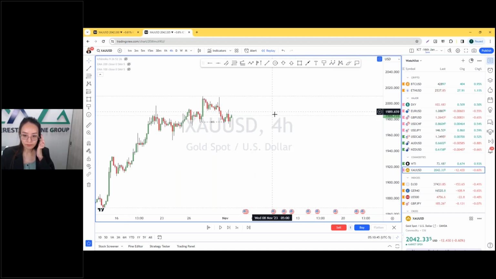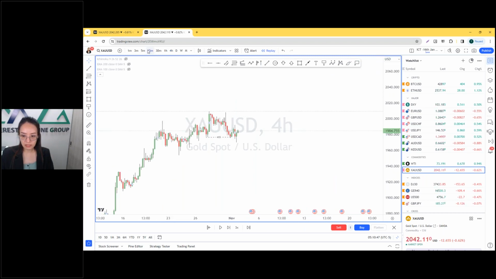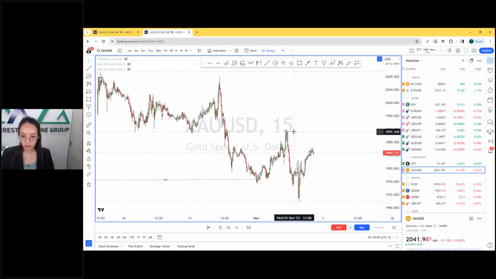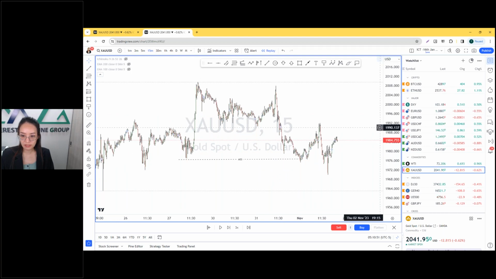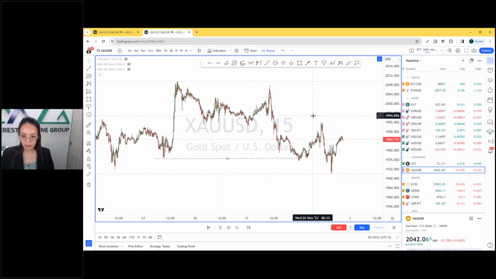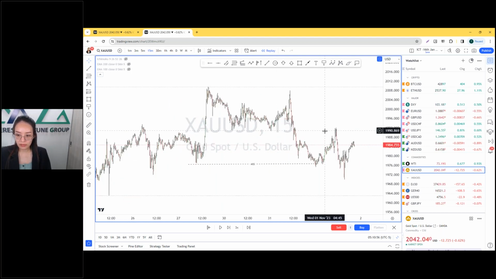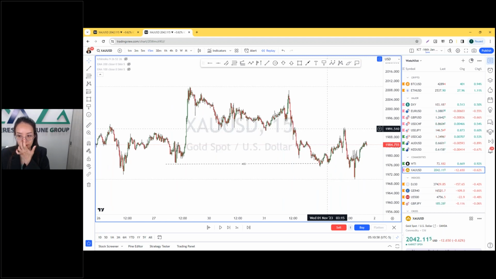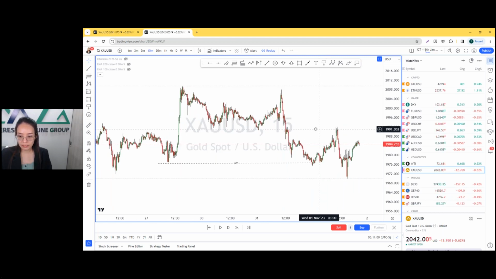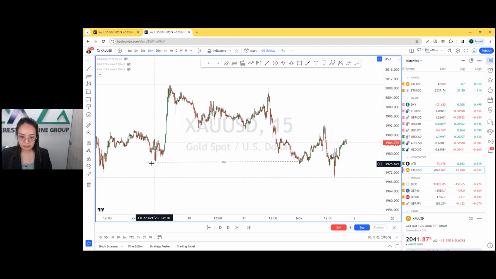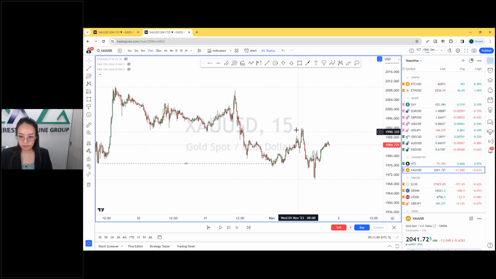Now let's go to M15. Let's see what we can see over there. From the M15, what you can see over here. If you look at M15, you might get a late entry already. But let's say we mark this from H4. And if you zoom in, you just ignore this one.